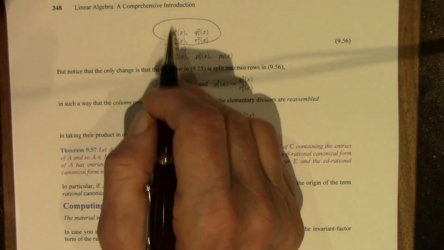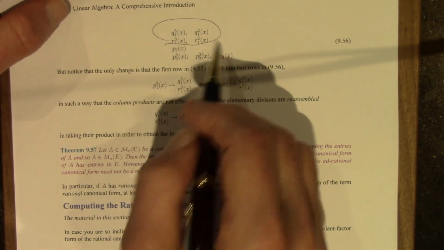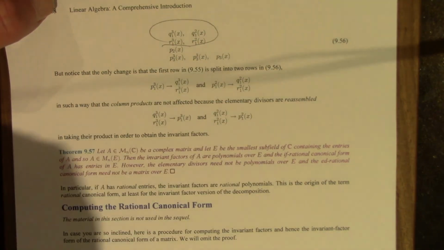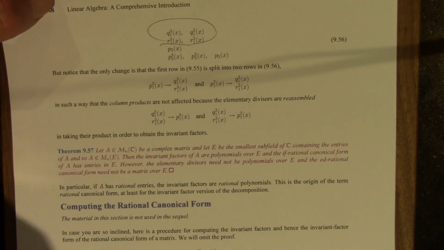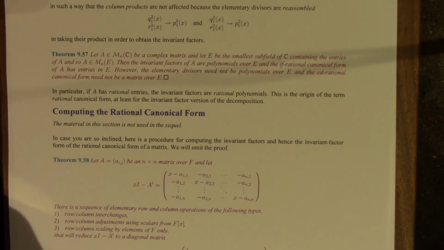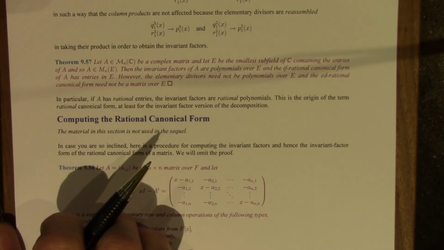So you get exactly the same invariant factors as you did before. You get different elementary divisors, but the same invariant factors. Okay? So that is why the invariant factors do not depend on the base field, whereas the elementary divisors do.